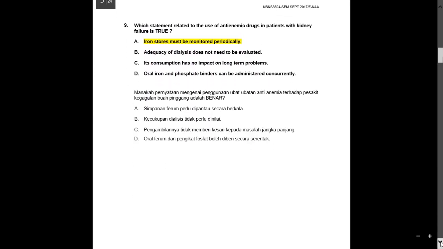Then question number 9. Which statement related to the use of anti-anemic drugs in patients with kidney failure is true? So we give iron to kidney failure patients as anti-anemic drugs.